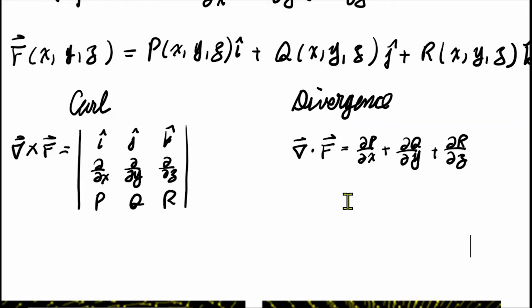So back to these fields. Suppose we have a couple of fields like this. We're going to write this field down, and this one is easier. This vector field F here is x i vector plus y j vector plus z k vector.